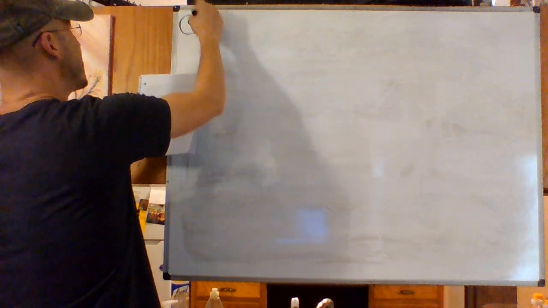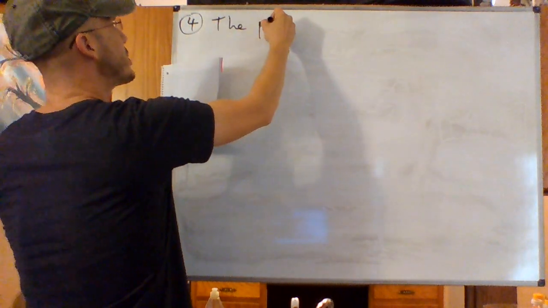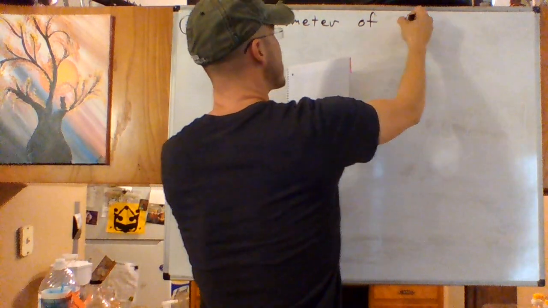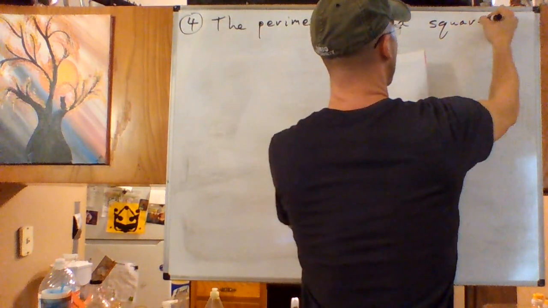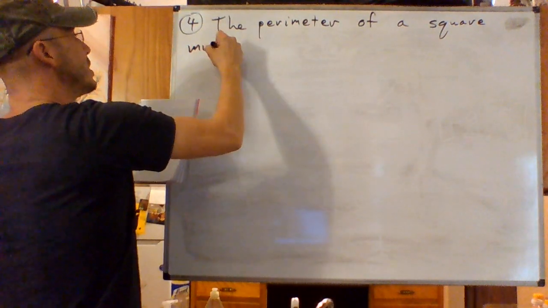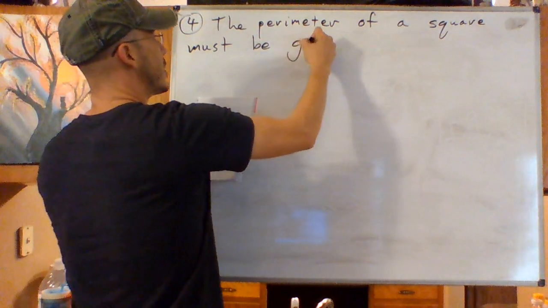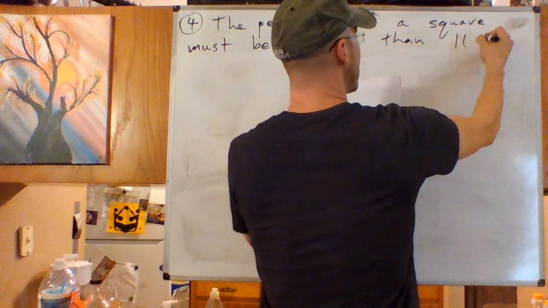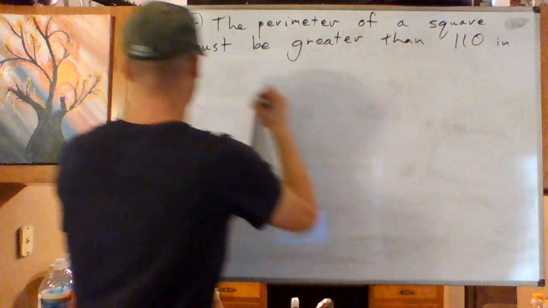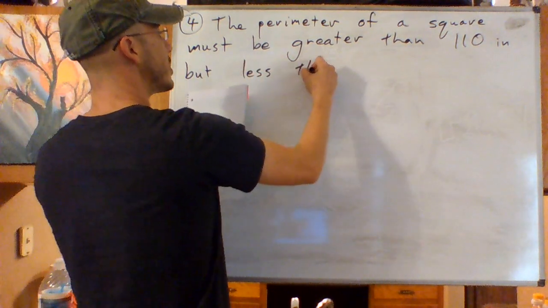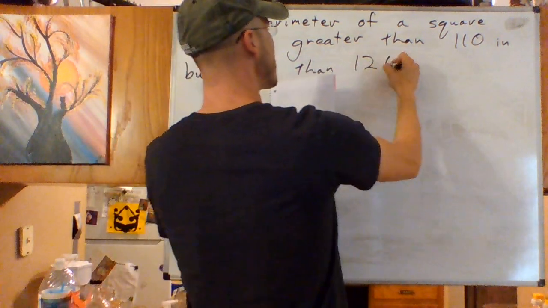So for the next one, it says the perimeter of a square must be greater than 110 inches, but less than 126 inches.